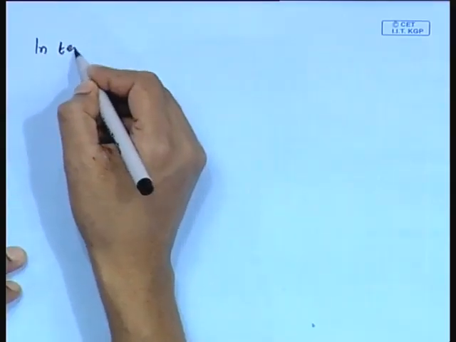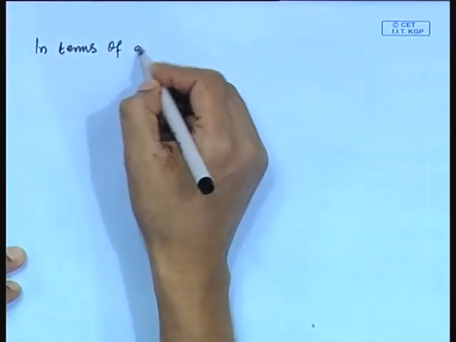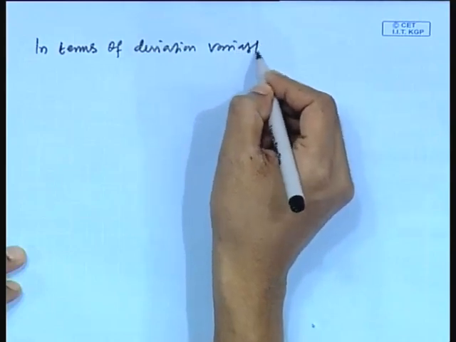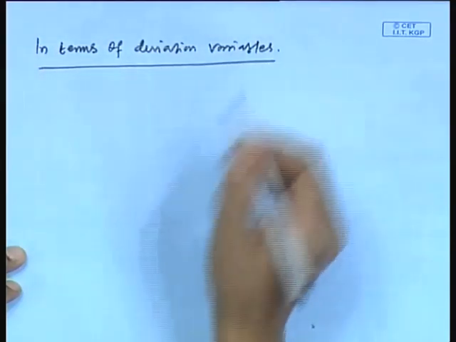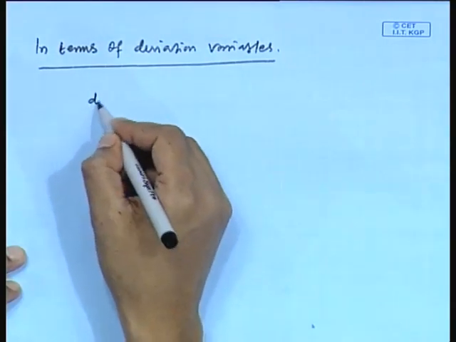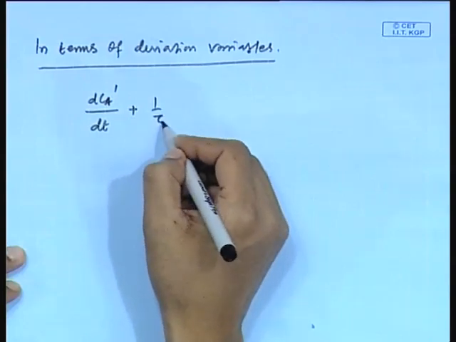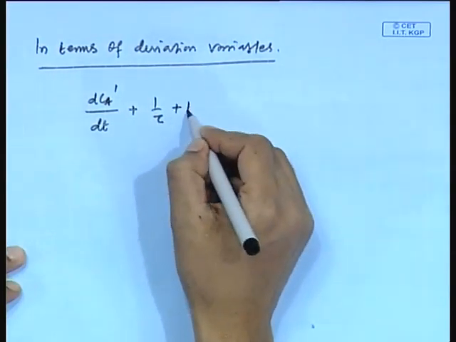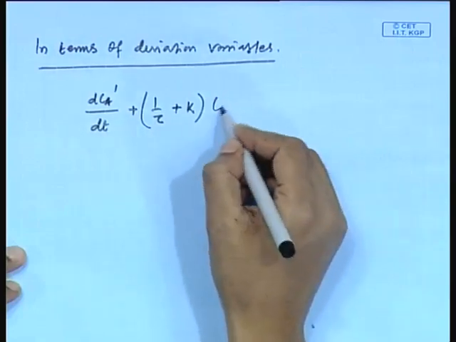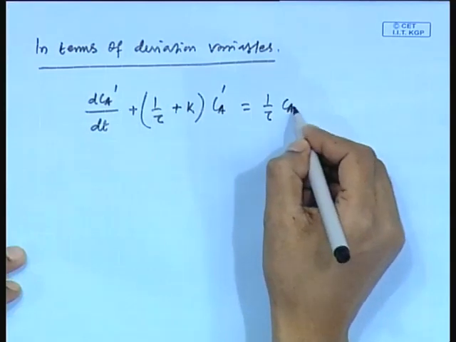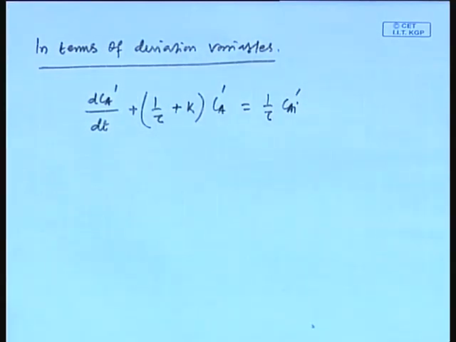We directly write the equation in terms of deviation or perturbation variables: dCa prime/dt plus (1 by tau plus k) times Ca prime equals 1 by tau times Cai prime.